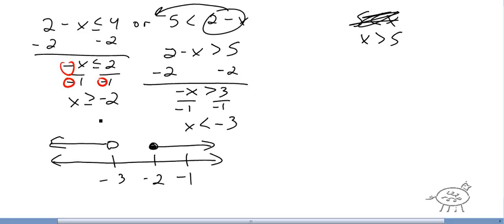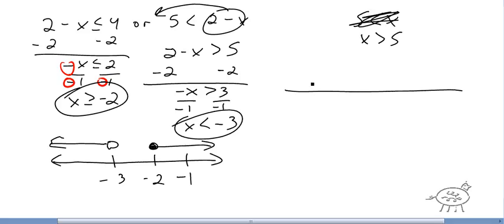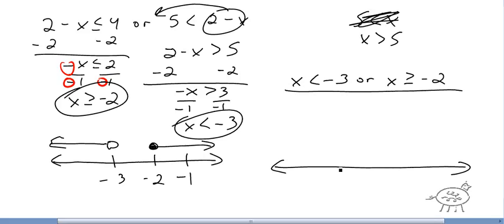So your answer actually is these two values right here. So on the answer blank, you're going to say x is less than negative 3, or x is greater than or equal to negative 2. And then, as a graph, you'll actually just put this graph that we just did here.